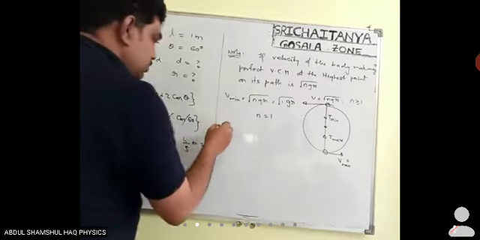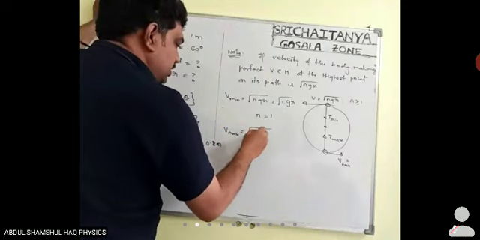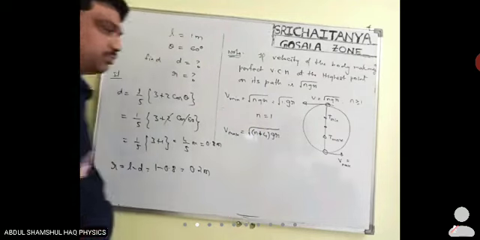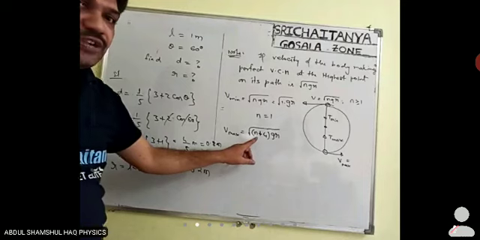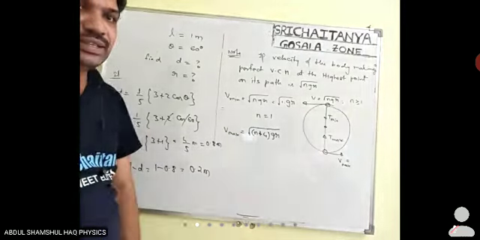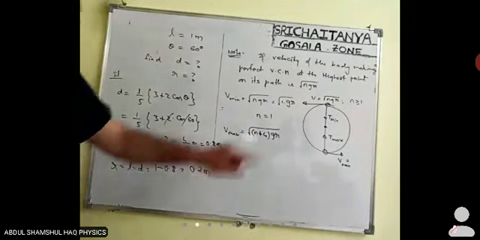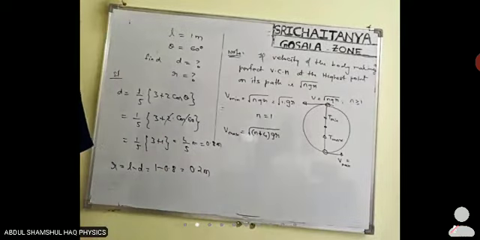If n is equal to 1, the maximum velocity, can I say it is root n plus 4 gr? So to get this, n should be equal to 1. So the maximum velocity can be taken as root n plus 4 gr. Understood? n will be greater than or equal to 1.